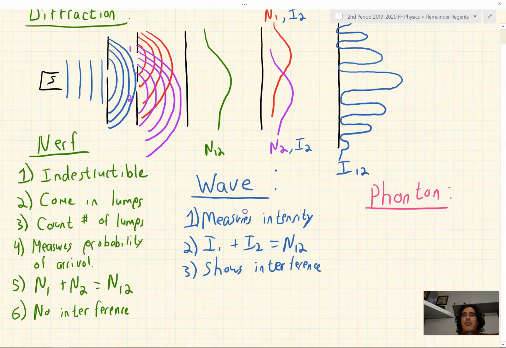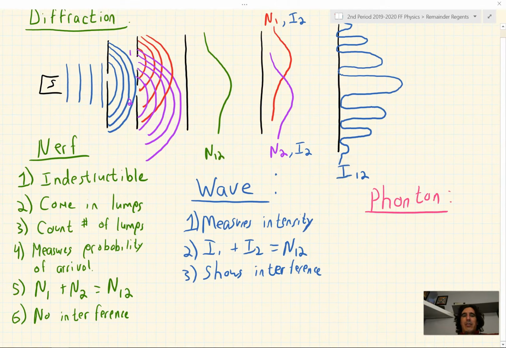Now if we treat light as a photon, let's say our source is a flashlight, and we're shooting one photon out at a time. On the wall, we can have what's called a photomultiplier tube, and we'll have a whole bunch of them across every aspect of the wall. The photon will go in the photomultiplier tube, and we'll hear a click each time it hits.